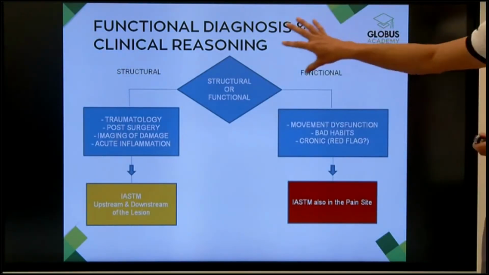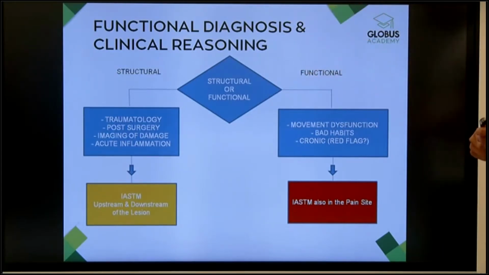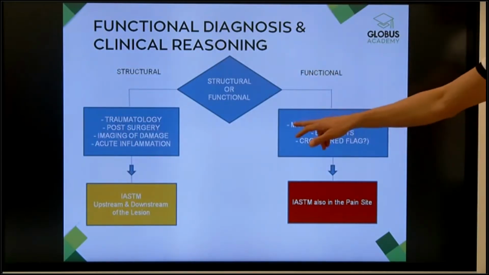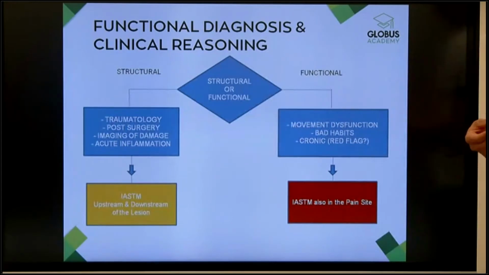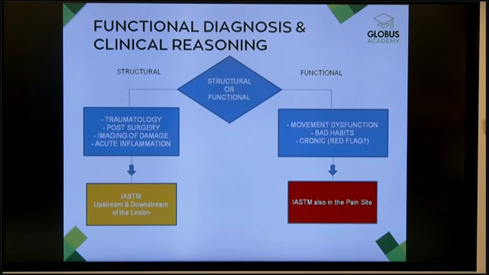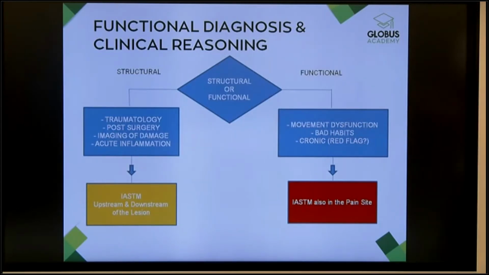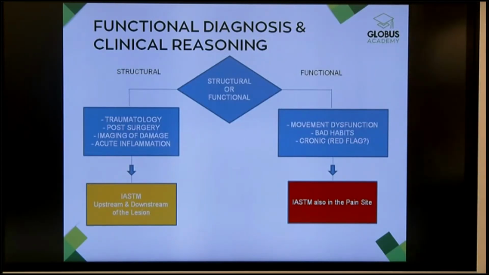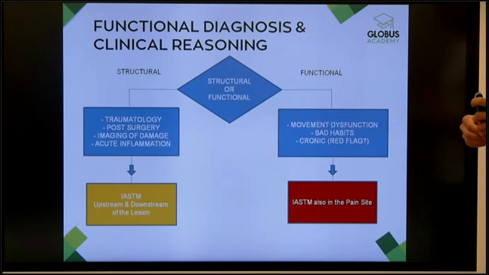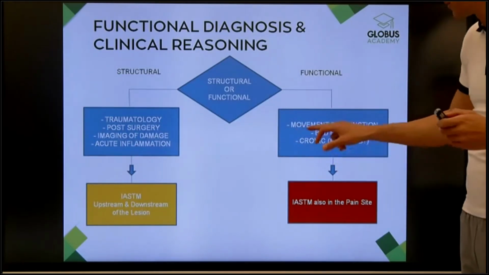If we're speaking about a functional problem, maybe there is a movement dysfunction. The movement pattern is not proper, is not correct. Maybe there are also bad habits, like lifestyle, not well hydrated tissue, not proper recovery after sports. Maybe we have a chronic pathology.